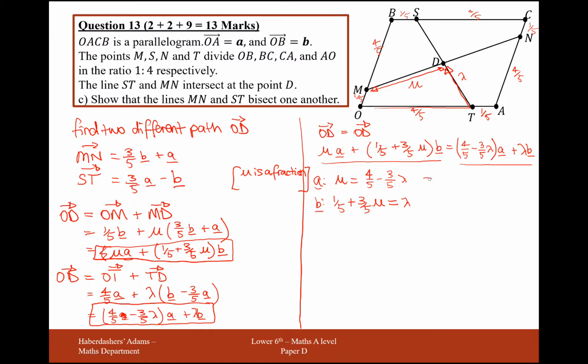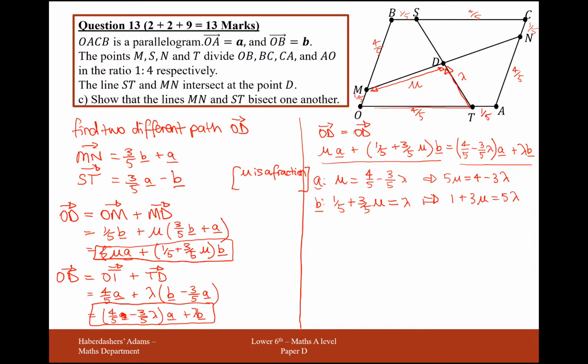Okay, what I'm going to do with both of these equations now, I'm going to times everything by 5, just so it's all integer values. So it's going to be 5 mu equals 4 minus 3 lambda, and this one here is going to be 1 plus 3 mu equals 5 lambda.